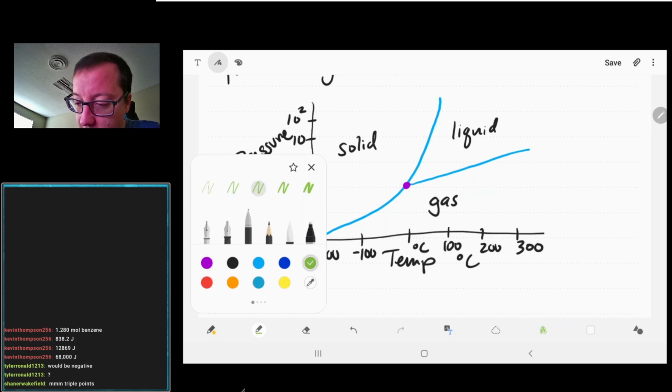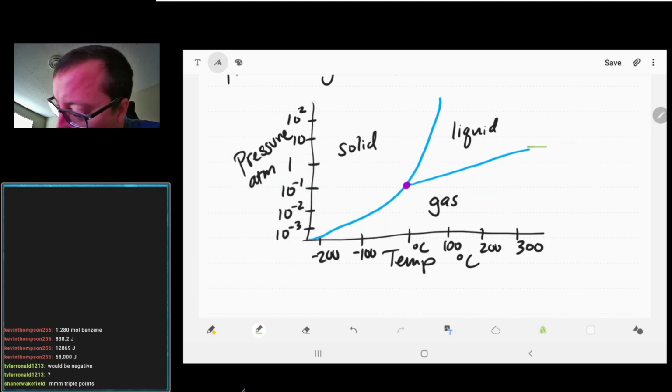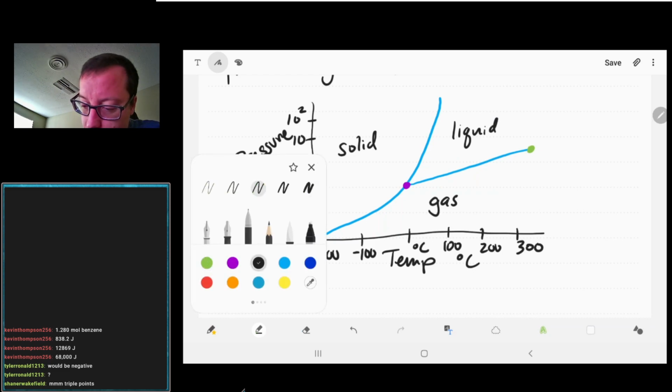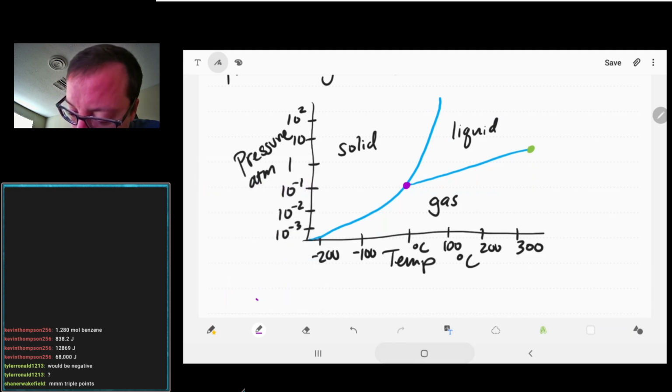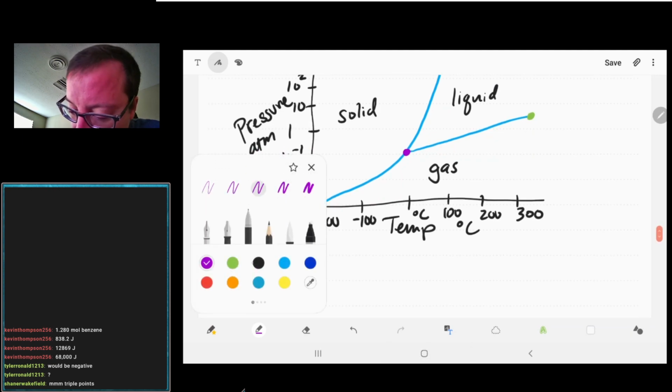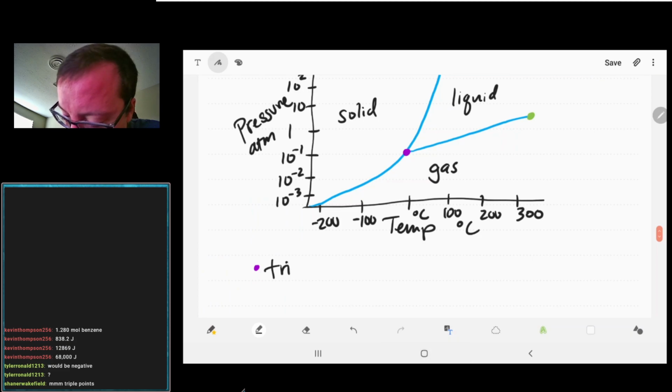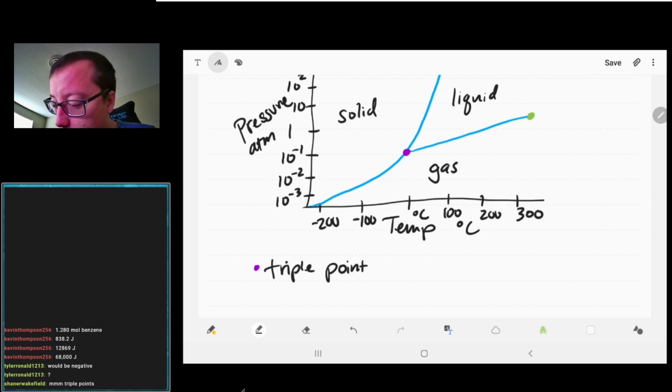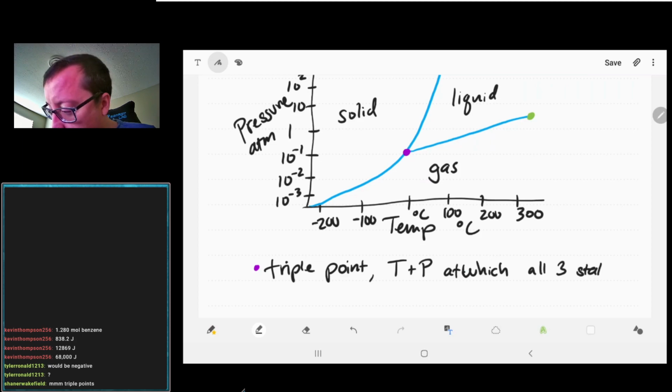There is that one there, and then there's also the one in green we're going to put over here. All right, so the purple dot is the triple point. And that is kind of the magical temperature and pressure at which all three states of matter are in equilibrium.